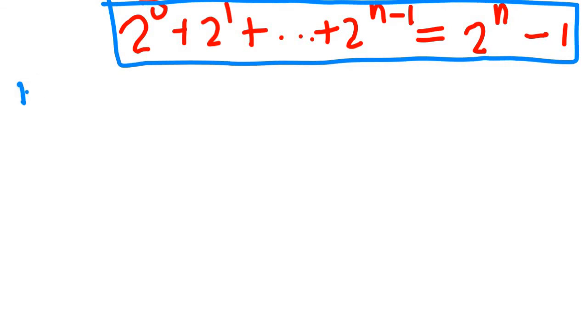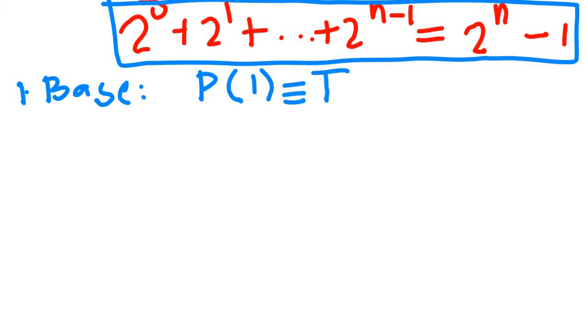First off, the base case. In the base case, we're going to prove that P of 1 is true. In this case, P, that there is one element, should be true, and the first element is 2 to the 0, and that should be equal to the right hand side where n is 1.